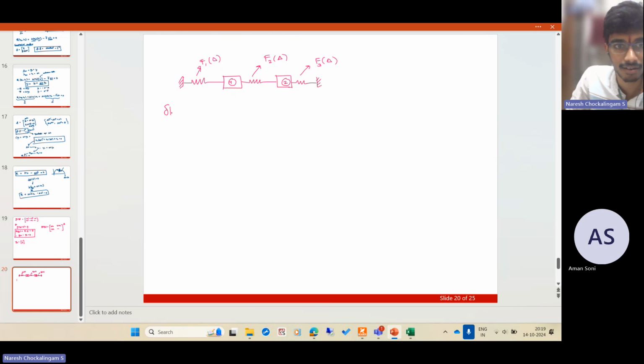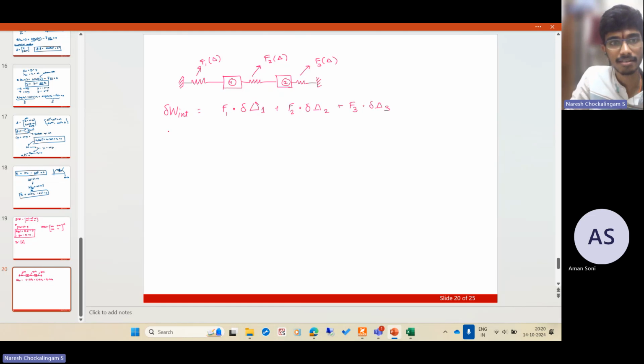So you see W internal will be F1 dot del V1, where del V1 here in this case is the extension del delta 1, plus F2 dot del delta 2 plus F3 dot del delta 3.